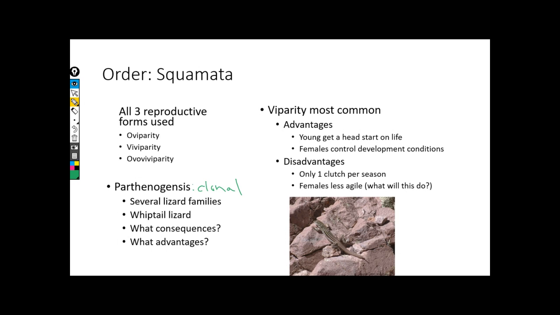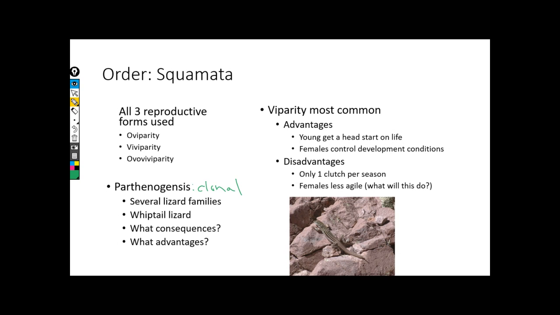Now remember, this still has a disadvantage. One, remember mom is more vulnerable, and two, it reduces how many pregnancies, how many clutches, you can have a year. If I have to carry those offspring around with me, in me, quite literally as a female, I can't get pregnant a second time while still being pregnant.